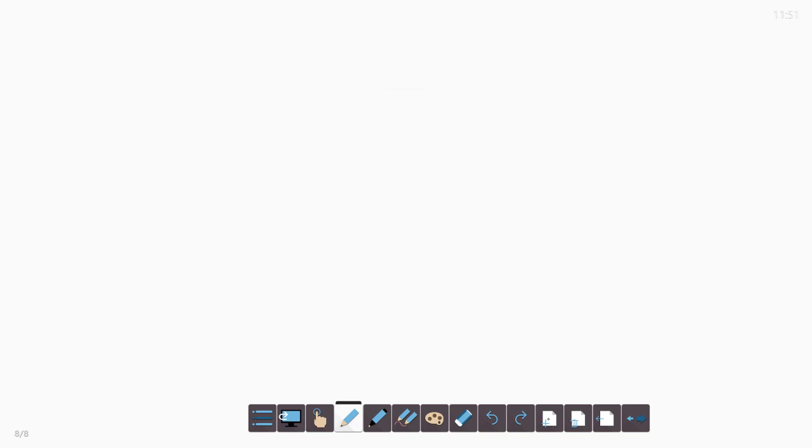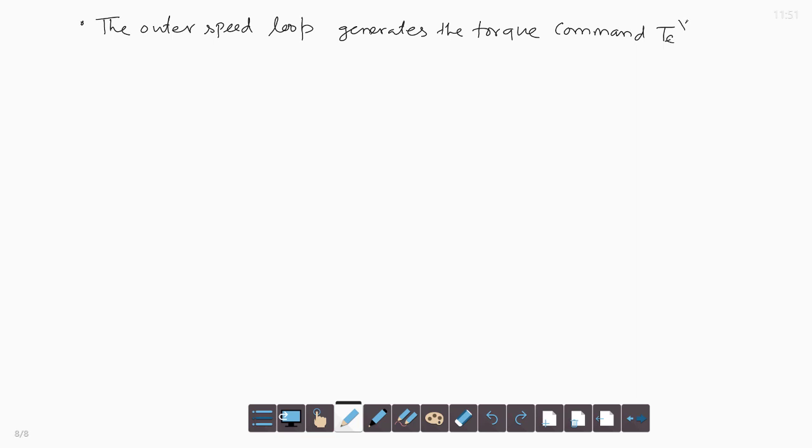So, regarding the scheme of the direct vector control, the outer speed loop generates the torque command, as you have seen, T e star, which gives the torque component of the current I q s star by dividing by k psi r.